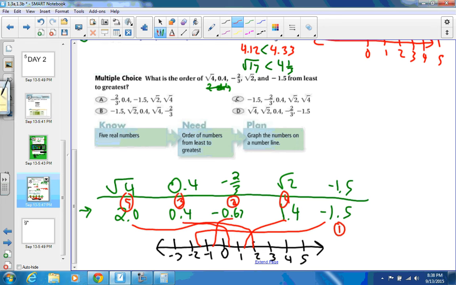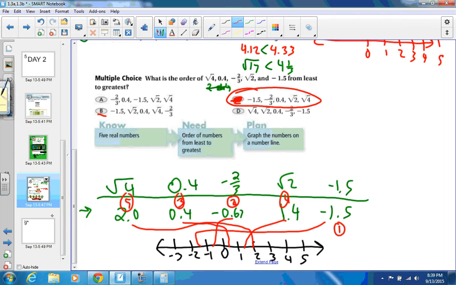That means it's got to either be C or D, or C or B. Next one should be negative 2/3. Oh, here we go. Already got it. C is the correct answer, because none of the other ones fit, even the first two. Okay, so that's how you order numbers. Put them all into decimals and it makes it really easy using that number line.